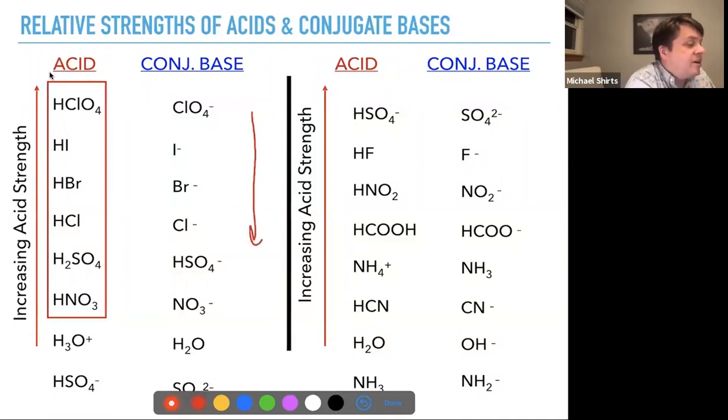So if we look down here, the conjugate bases actually increase in strength in this direction. You get down to something like OH minus, which is a pretty strong base because it likes to take an H plus to make water. So that's just an overview of some of the conjugate acids and bases and how they relate to each other.